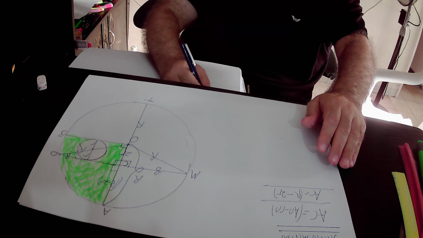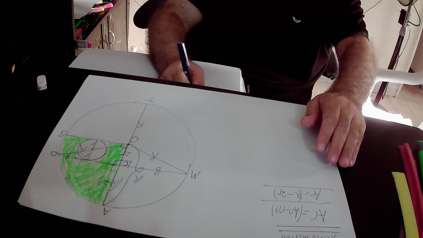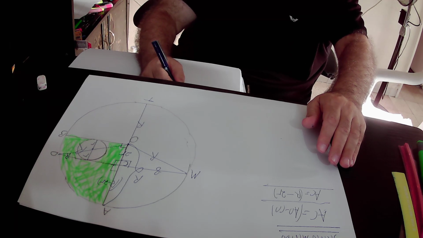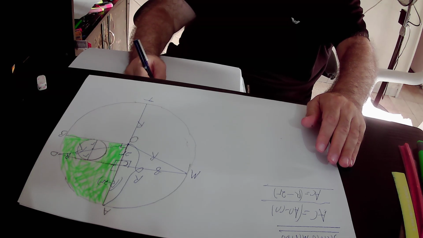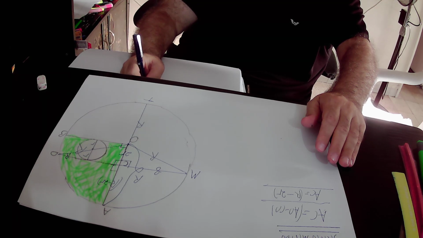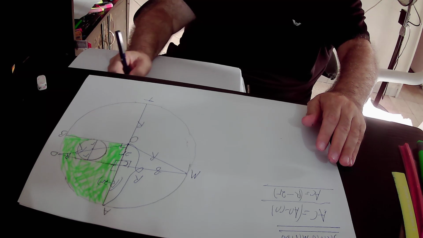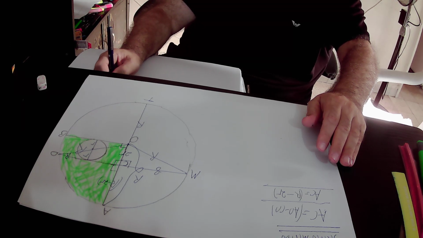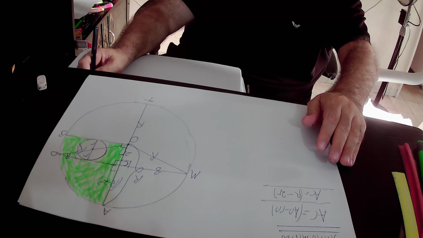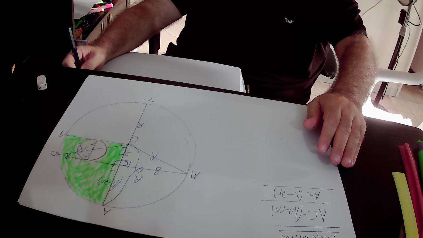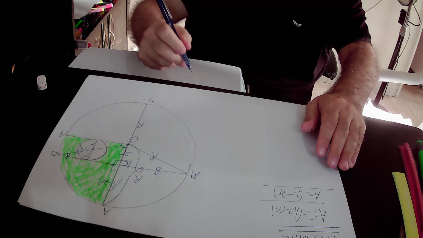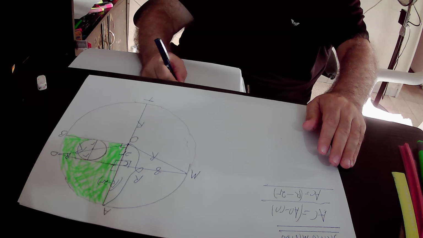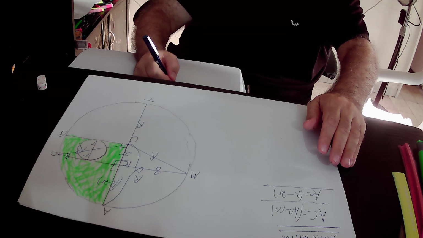Chord AT intersects with chord MD at point C. Point C is the intersection point of chord AT with chord MD.